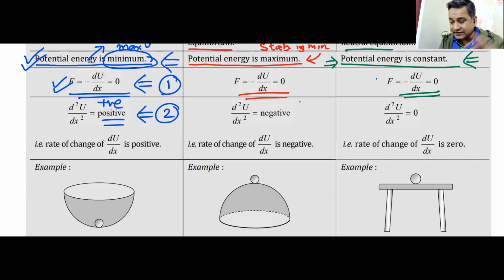This is maths, this is not physics. This basically means that the rate of change of du by dx is positive. The rate at which energy is changing is positive, then that means that the potential energy will come to a minimum.